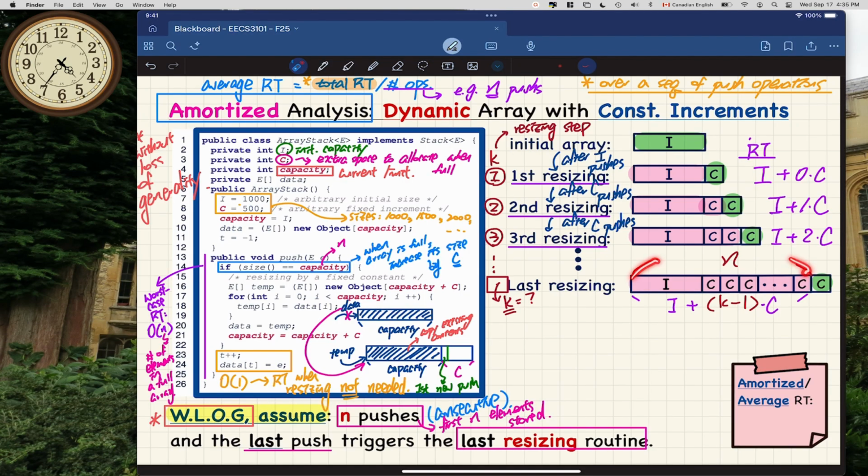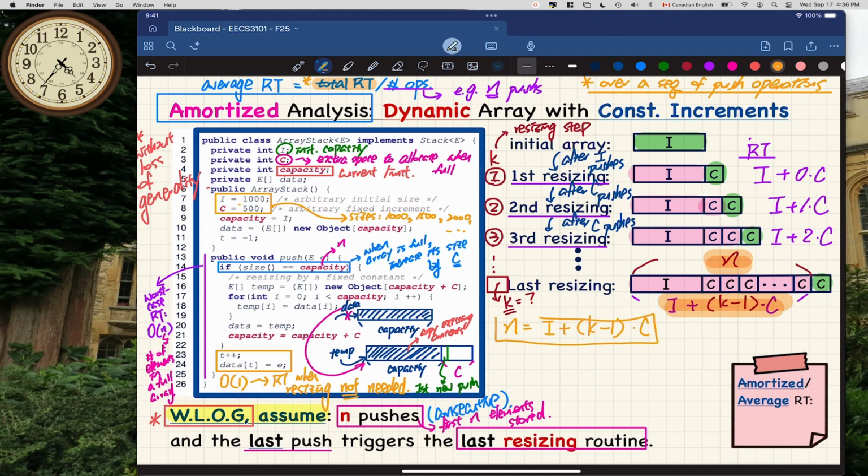At the same time, we know that this portion here should be exactly equal to this equation here because we observe the way every resizing works is I plus the resizing step number minus 1 times C. That's also the pattern we observe, right? Let me write down this equation, okay? So this one here and also this one here, right? So we say the following. So we say n is exactly equal to I plus k minus 1 times C.